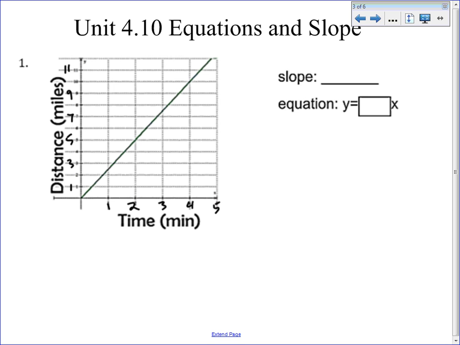But the first thing we're going to try to find is our slope, and then be able to come up with our equation. Remember, our equation is y equals mx plus b, where m is our slope, and b is where it crosses this y-axis. Okay? Well, we should be able to look at this graph right off the bat and say, this is where it's crossing the y-axis, which happens to be at 0, 0. So we know that the y value here where it crosses is b equals 0.